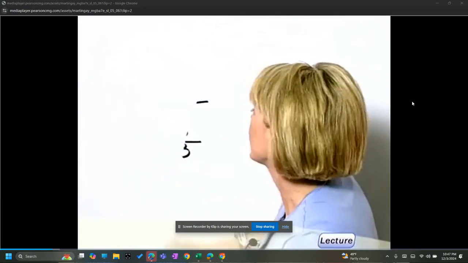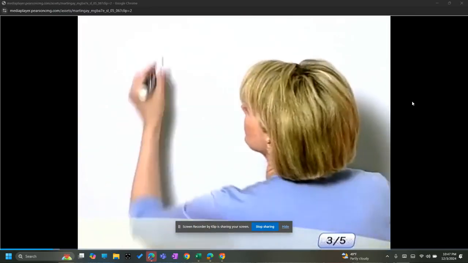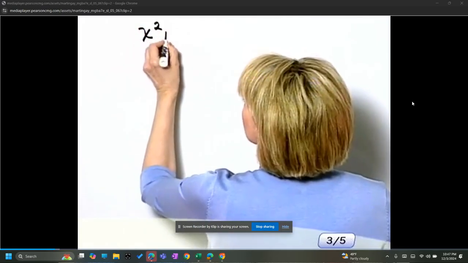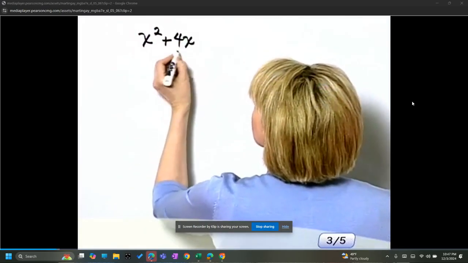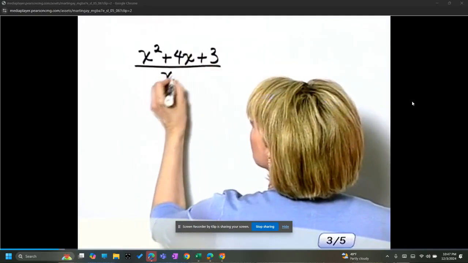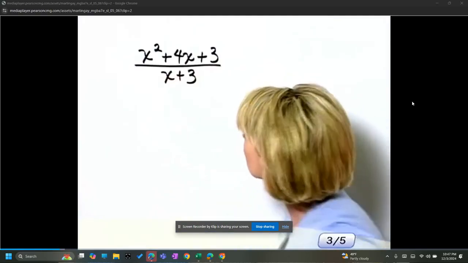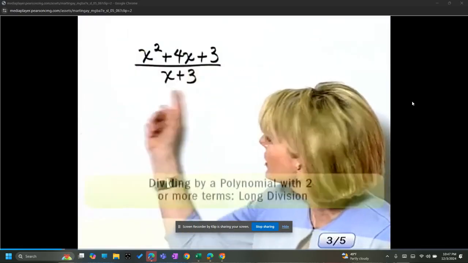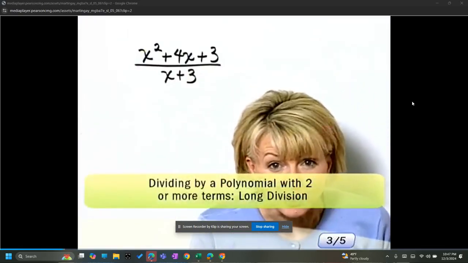So let's practice that. Let's look at x squared plus 4x plus 3, a trinomial divided by a binomial. Notice once again, this is a trinomial divided by a binomial.